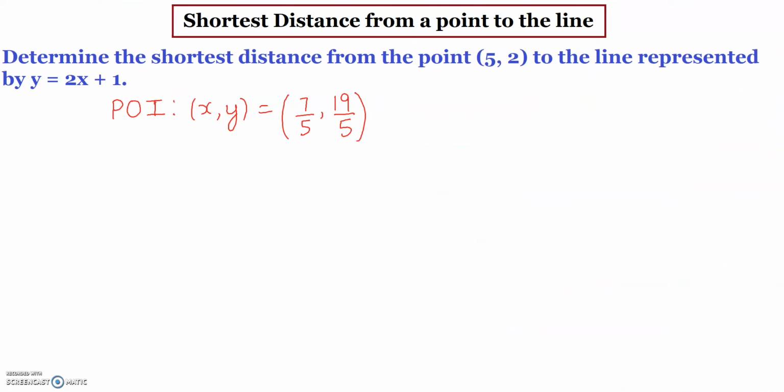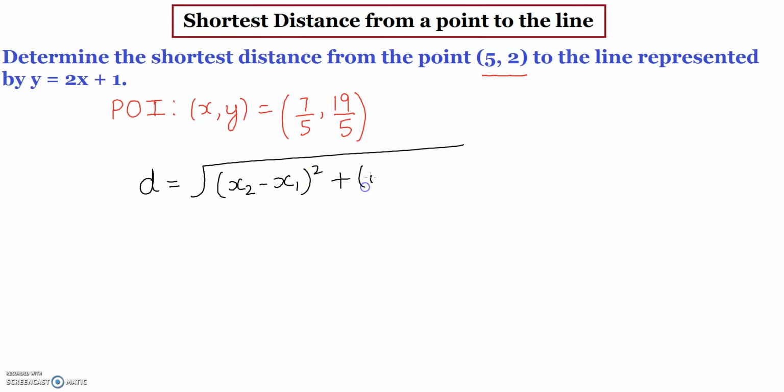Now I will take the POI, which we found using substitution, and the point (5, 2), and we can find the shortest distance by using the distance formula. So first I will write the distance formula. Lowercase d is equal to the square root of x2 minus x1 squared plus y2 minus y1 squared.